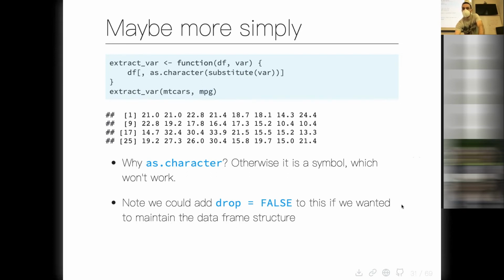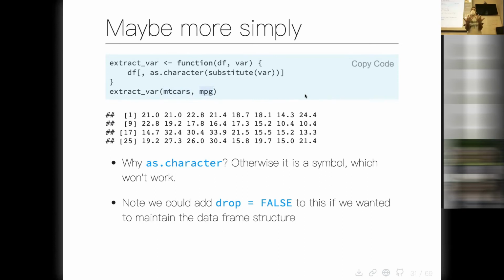Why is mtcars not in quotes in the code? Because it is an object. That's a good question. Why is mtcars a bare name? mtcars is a data frame, which is an object, right? So you can always pass objects to things, but mpg is not an object, right? It's a column name.